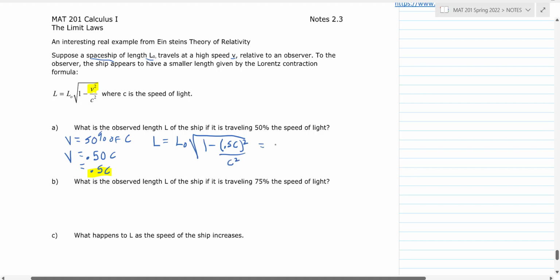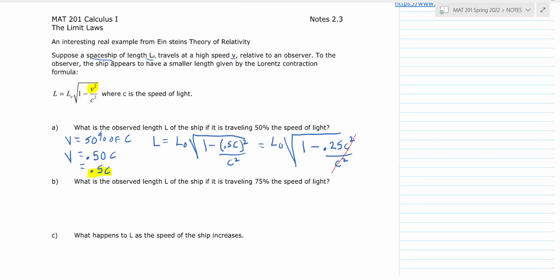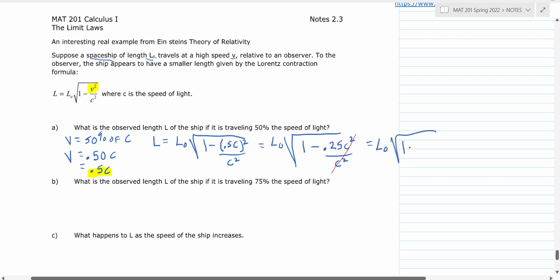Okay, so that's going to be L naught, and we get 1 minus, if you square 0.5, that is 0.25 C squared over C squared. Now what's going to happen is these are going to go away. Those divide out. So you get L naught square root of 1 minus 0.25. So you end up getting L naught times the square root of 0.75, like that.